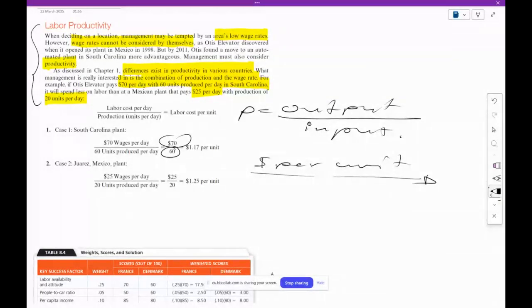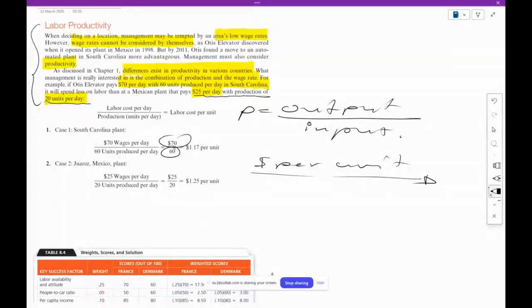Management is interested in the combination of production and wage rate, and they want it in monetary value. They would want to know what is the production rate based on monetary value, cost per unit. I'm not sure if they did mention that they're interested in cost per unit. But yeah, what this statement is, spending 25 with production of 20 units per.